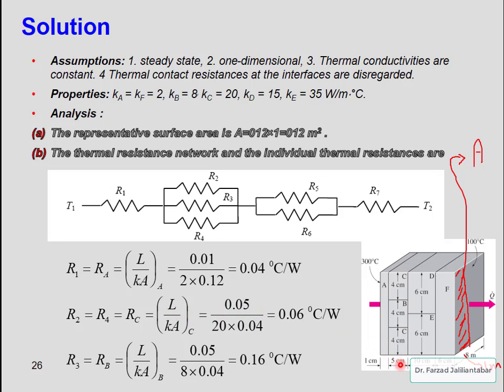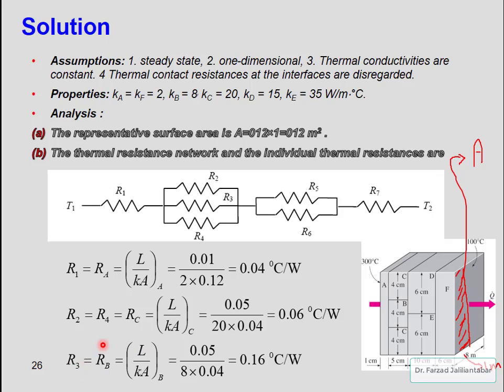The thickness is 5 centimeter, thermal conductivity for material C is 20. Surface area of heat transfer is 0.04. You can see here 1 meter times 4 centimeter. Heat transfer is in this direction, so surface area should be calculated in this area.